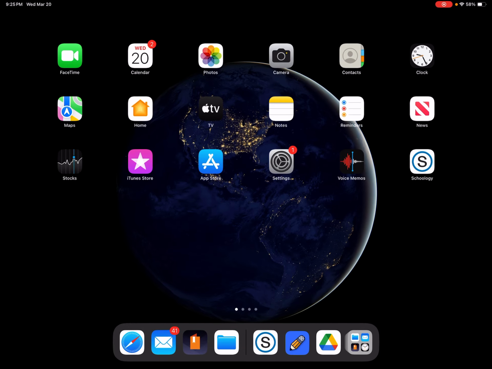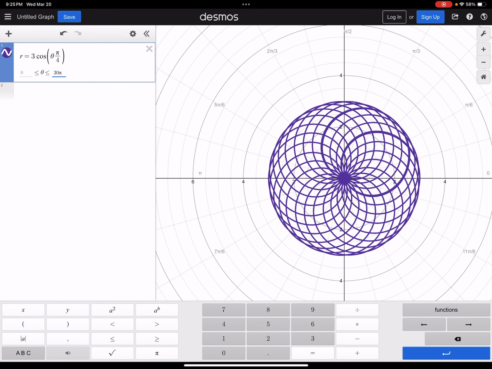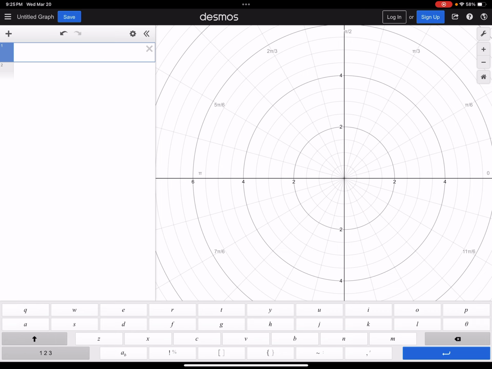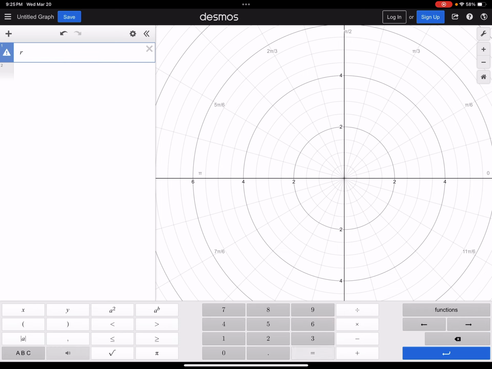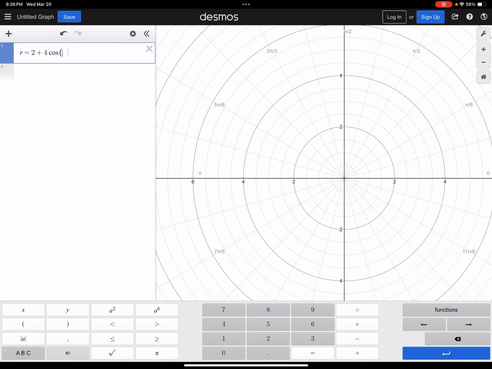Here, let's go ahead and check this out in Desmos, just to make sure we're close. So if we have r equals 2 plus 4 cosine theta.